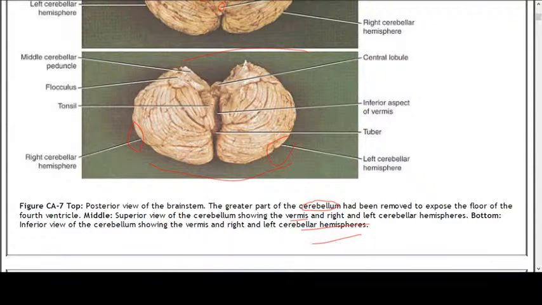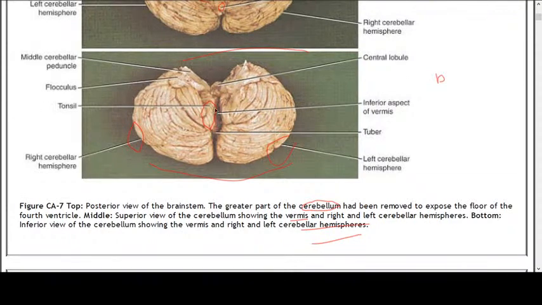Tonsil. The cerebellum actually consists of a structure that is tonsil, and our buccal cavity consists of a tonsil as well. Over there the tonsil is actually a collection of lymphoid tissue, I guess.